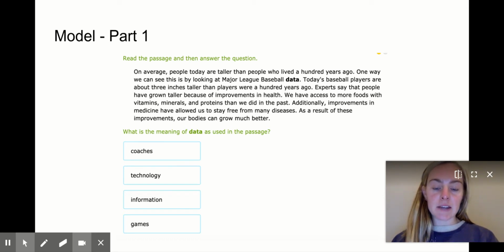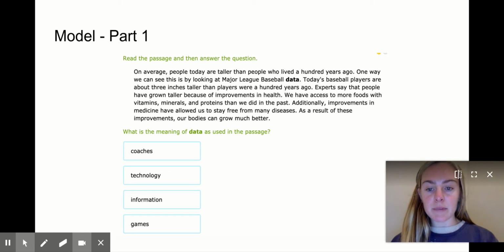So let's go ahead and read the passage together. Please follow along as I read it. On average, people today are taller than people who lived 100 years ago. One way we can see this is by looking at Major League Baseball data. Today's baseball players are about 3 inches taller than players were 100 years ago.